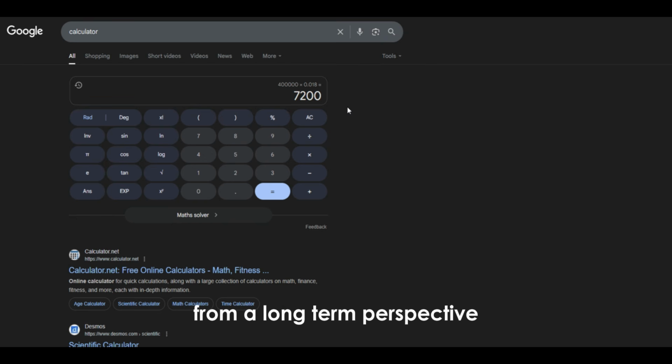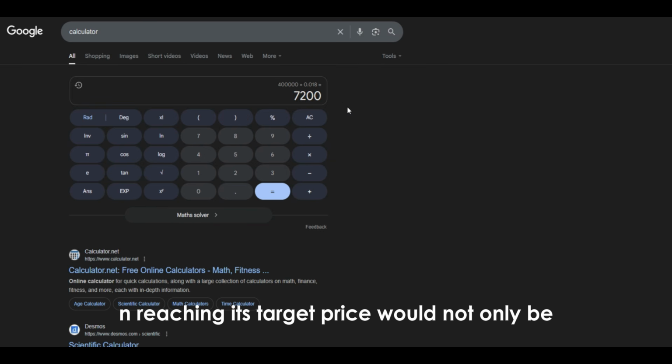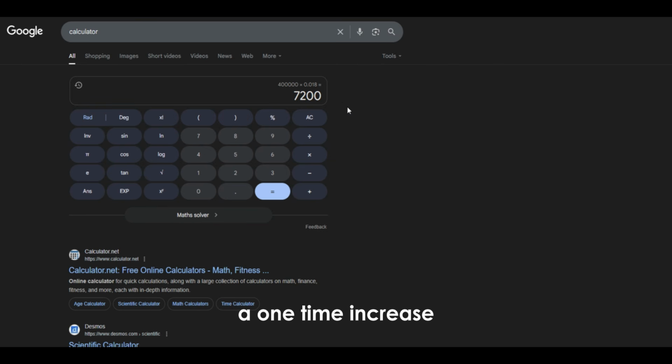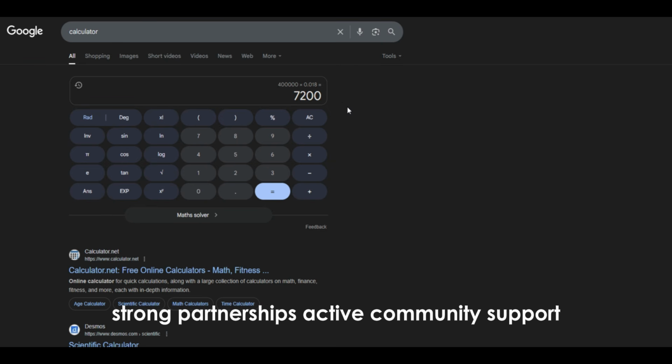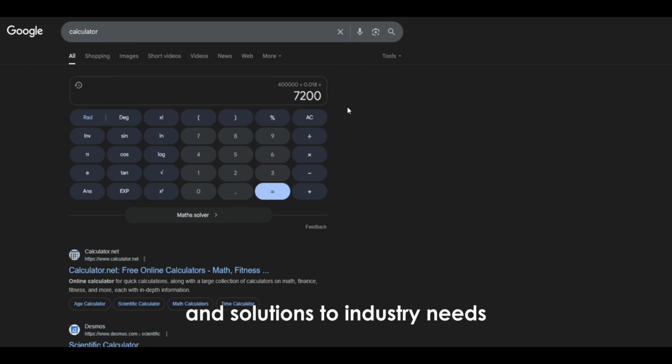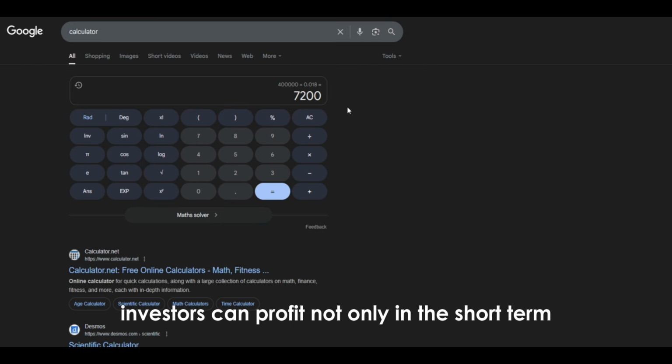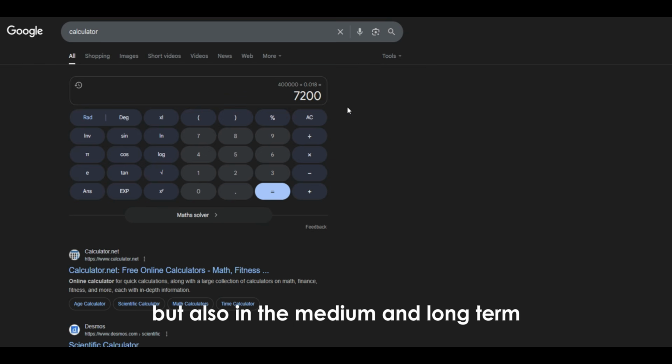From a long-term perspective, Zbcn reaching its target price would not only be a one-time increase, but also a sign of sustainable growth based on solid foundations. The project's innovative technology, strong partnerships, active community support, and solutions to industry needs could help maintain price growth. This way, investors can profit not only in the short term, but also in the medium and long term.